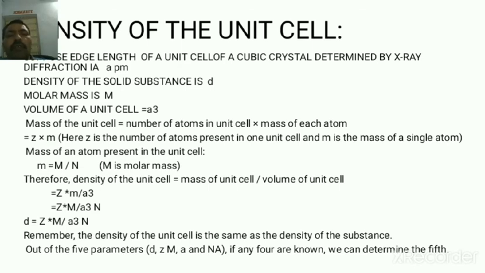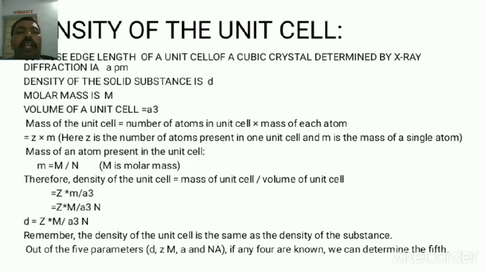Therefore, density is equal to Z into M divided by a cube into Avogadro's number. Very important formula: density d is equal to Z into M divided by a cube into Na, Avogadro's number. Remember that the density of the unit cell is the same as the density of the substance.